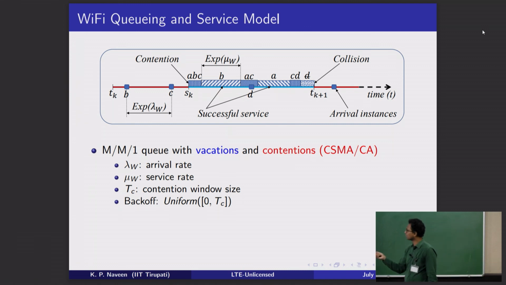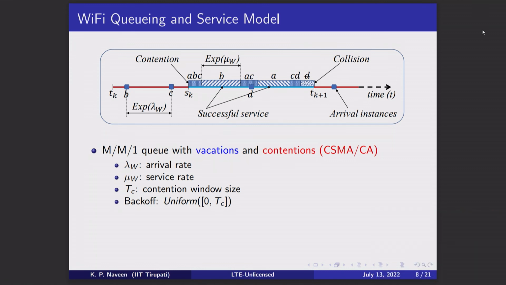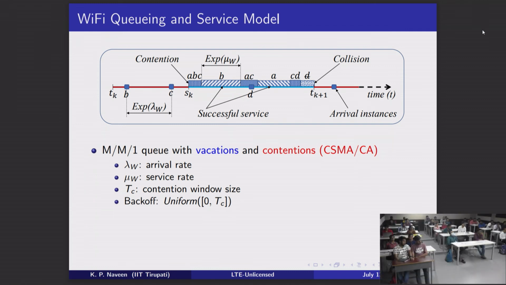Wi-Fi on the other hand, we have to be slightly careful in modeling. The way Wi-Fi operates is like this. Let's say packet B and packet C have arrived when the LTE was on. Now the LTE is off. Packet B may belong to one user, packet C may belong to another user.